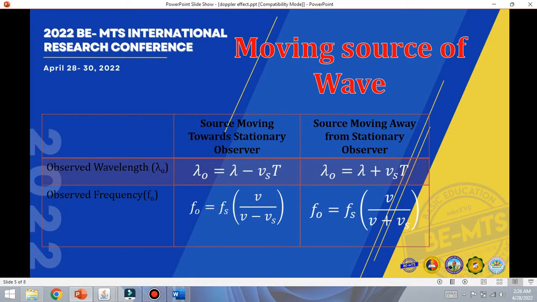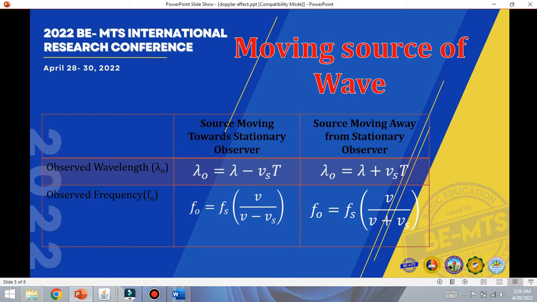So what will be the observed wavelength and frequency of the observer when the observer is at rest and the source is moving? It depends. The observed wavelength is shorter than the wavelength observed when there is no relative motion between the source of the wave and the observer.